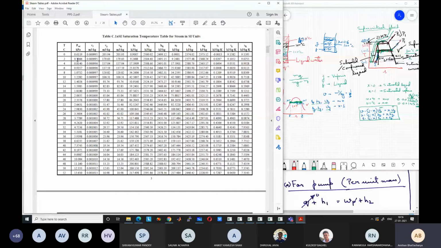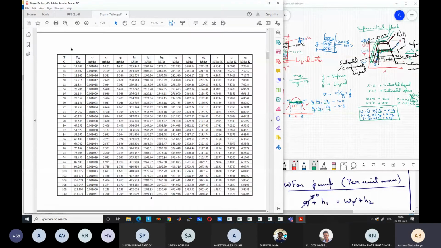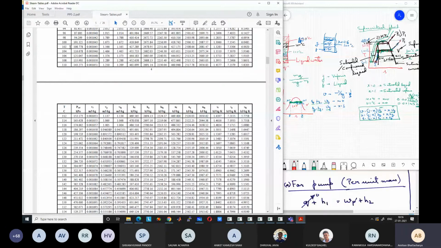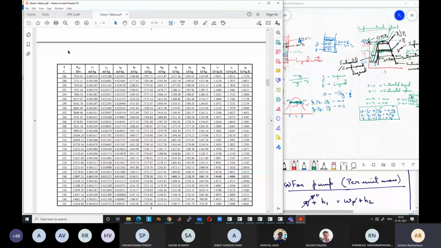So the first two columns, any questions? We can keep on increasing the pressure and we see that the boiling temperature will increase. Okay. So if somebody says that boiling occurs at 300 degrees centigrade, it means that the boiling pressure is 8603.69 kilopascal, which is approximately 86 atmospheric pressure.